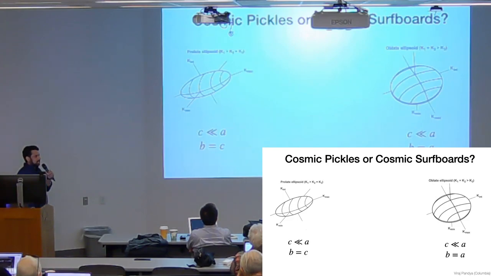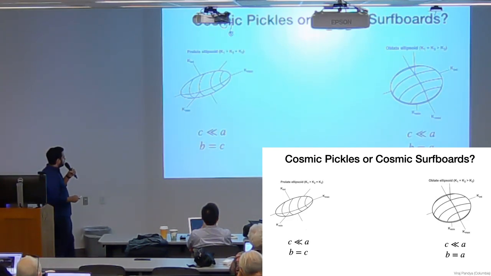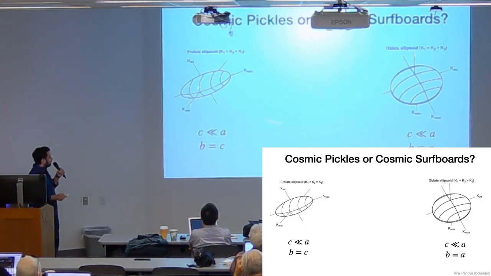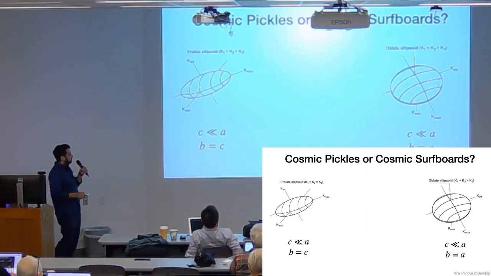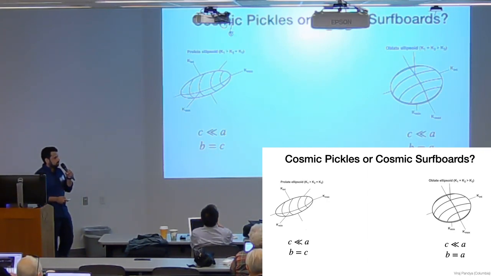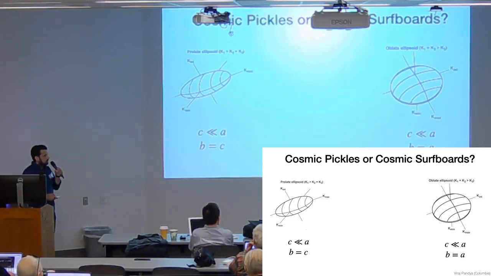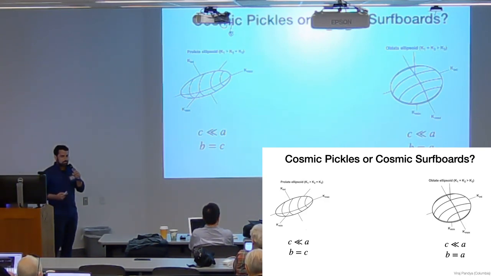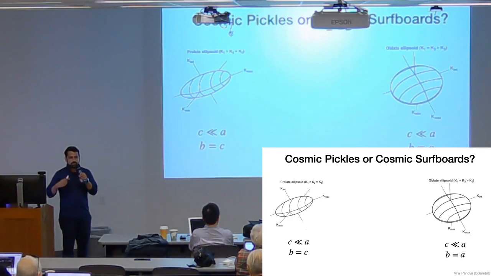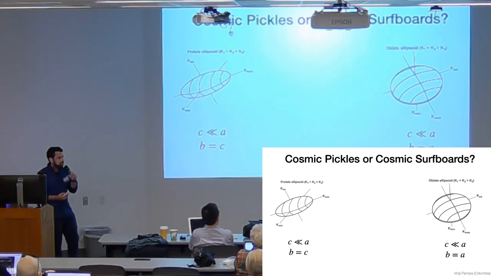And to really drive this last point home, here are the two classes of extremely flattened ellipsoids. On the left is a prolate one, where the intermediate axis equals the shortest axis, and on the right is an oblate one, where the intermediate axis equals the largest axis. Now, in our quest to simplify things as much as possible, we sometimes avoid alternative possibilities.